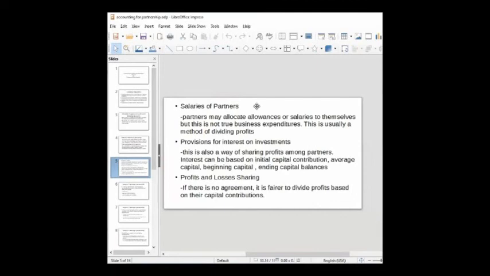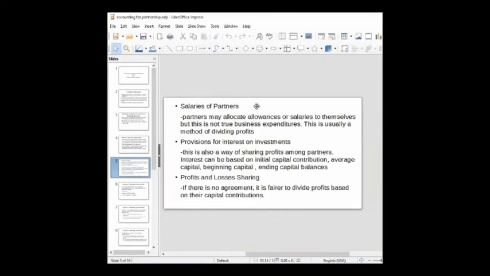For example, class, at the end of the accounting period, or at the end of the month for the financial statement, the financial statement states that there is 200,000 net profit for distribution among the partners.